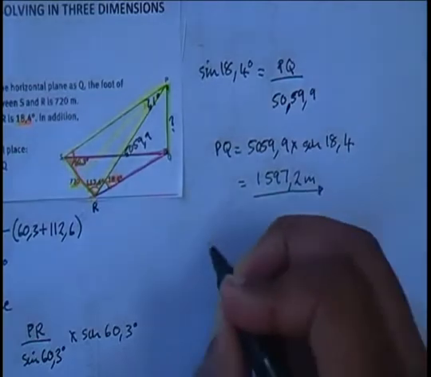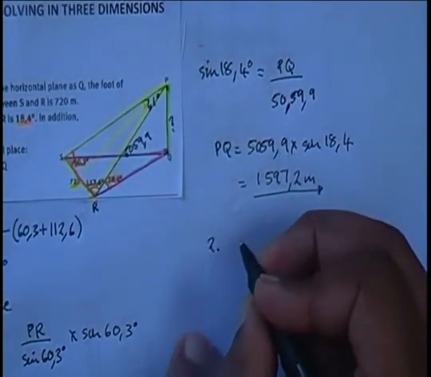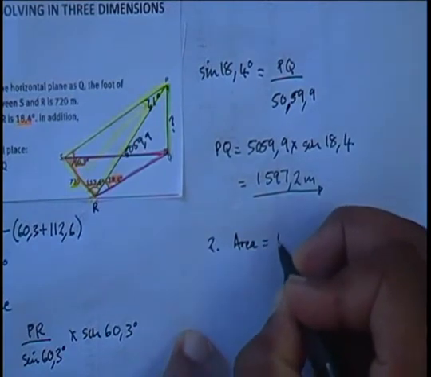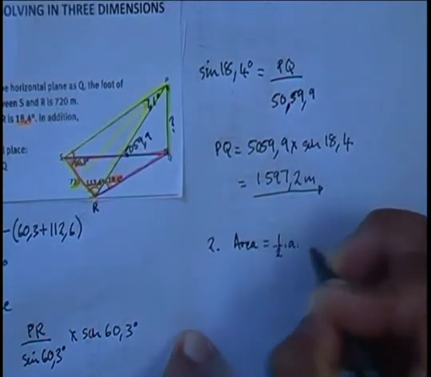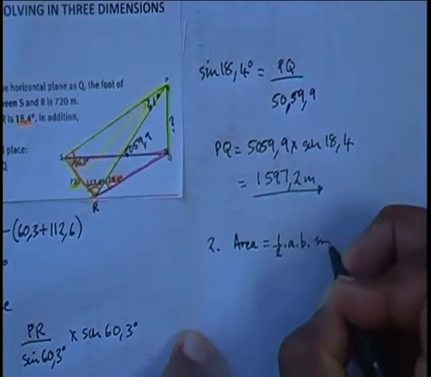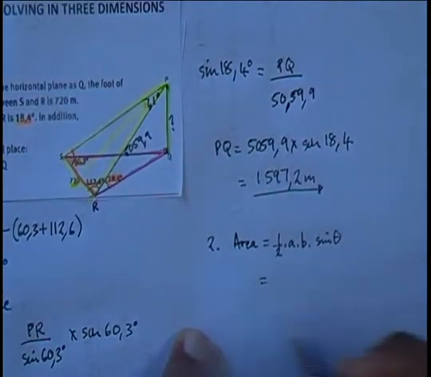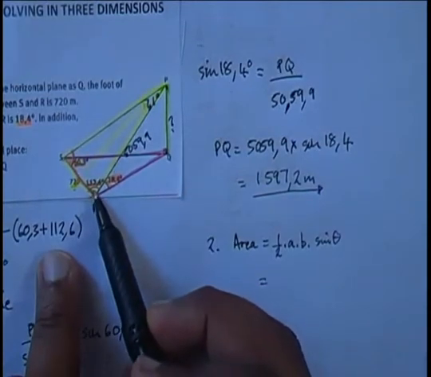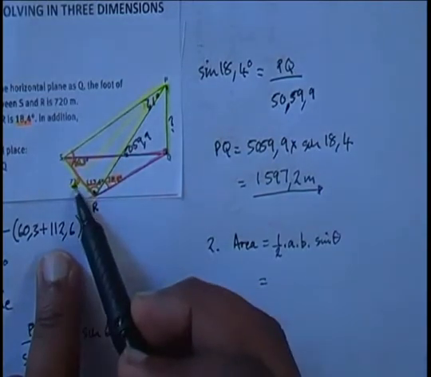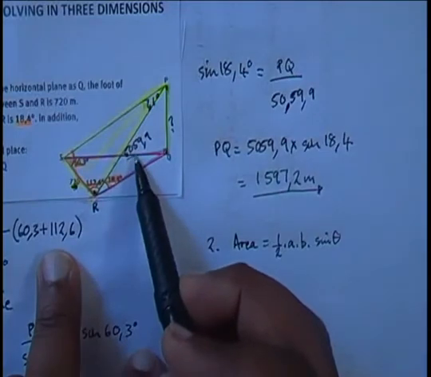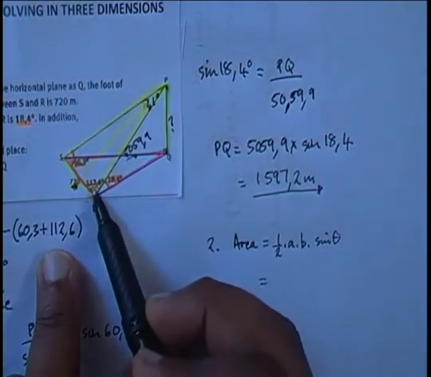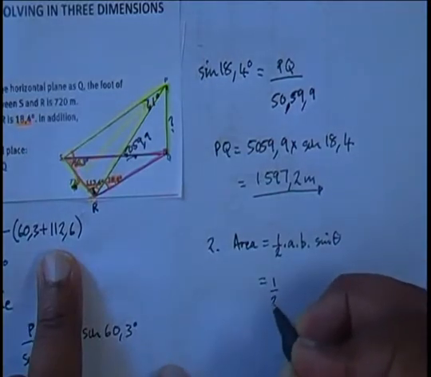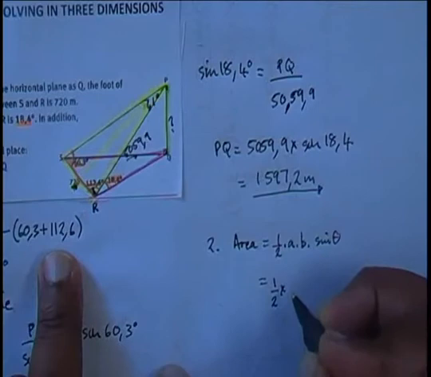Remember the area rule that we said before, where the area is going to be equal to half ab sine of theta. Right, now remember we need to know two sides and the included angle. So we know this 720, we know that's 5059.9, and we know this included angle. So we're just going to go ahead and substitute those into the calculator.